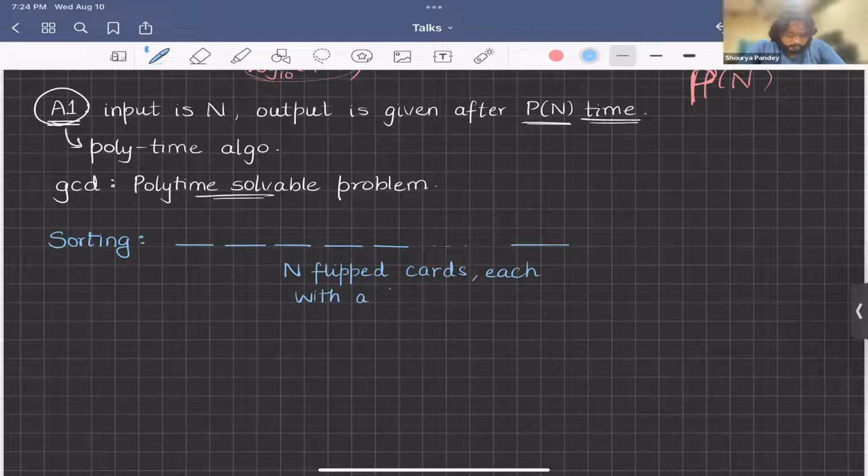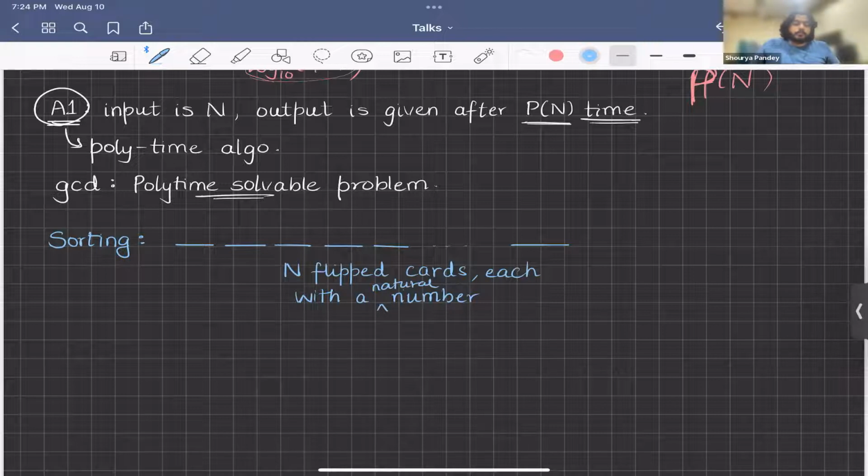Let's say it's a binary number this time, or actually, let's just say it's a number. Why complicate things? Natural numbers.